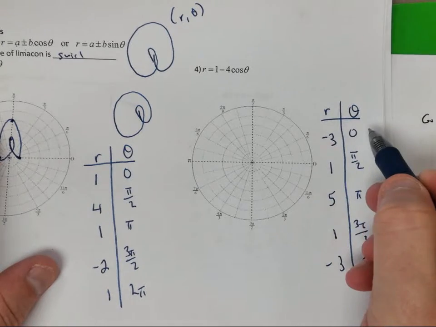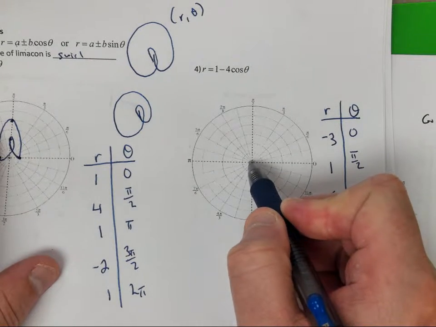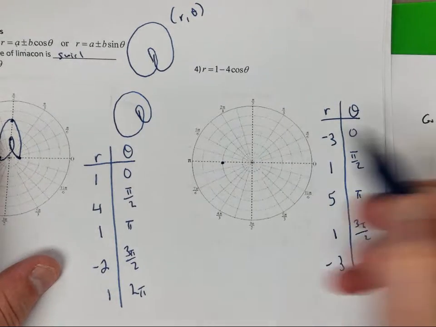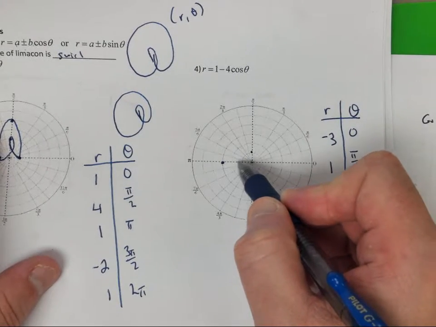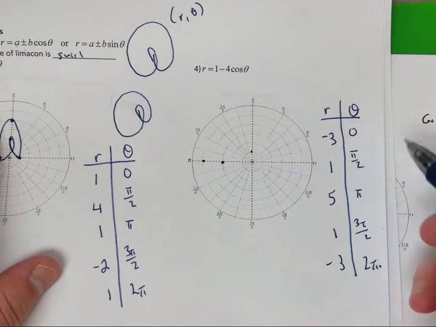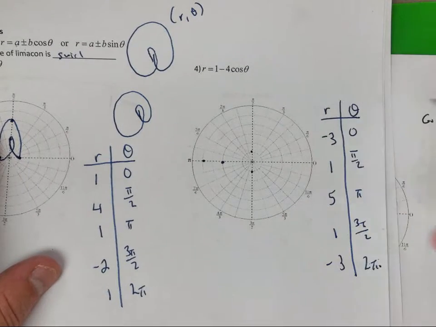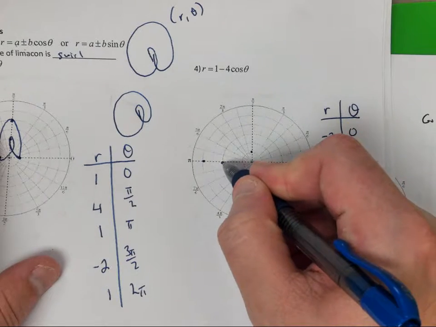Now I'm going to graph 0, negative 3. 0 is right here, but instead of going this way towards 0, I'm going actually toward pi. 1, 2, 3. Pi over 2, 1. Pi, you're at ring 5. And then back there. So I'm going to start at here.